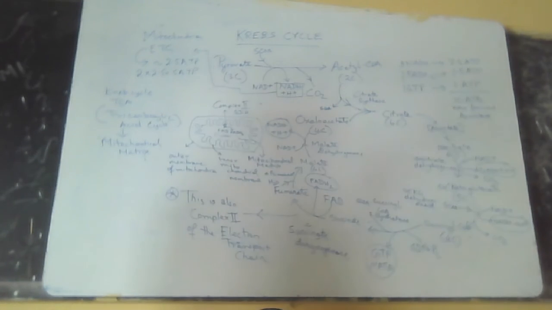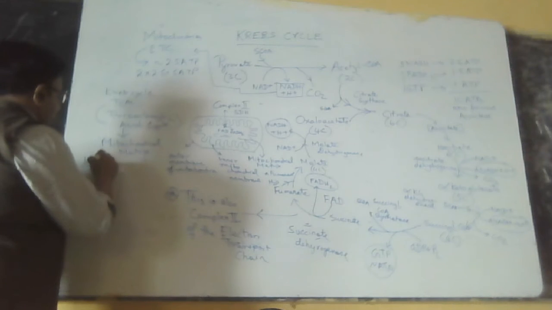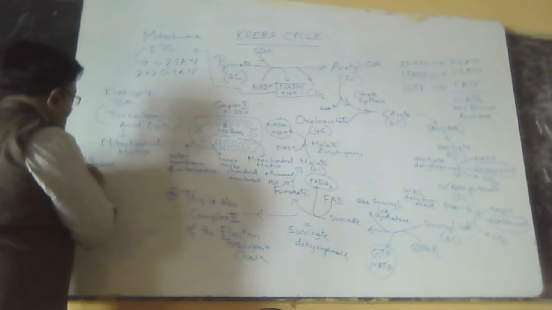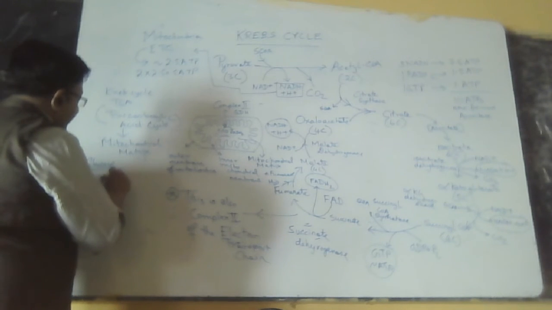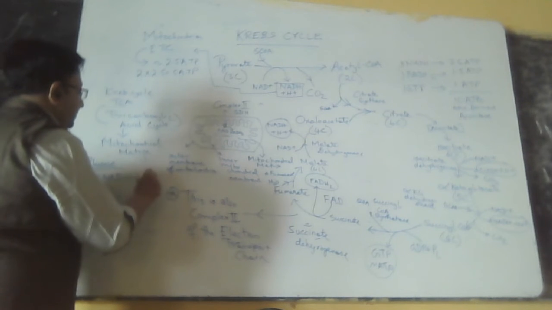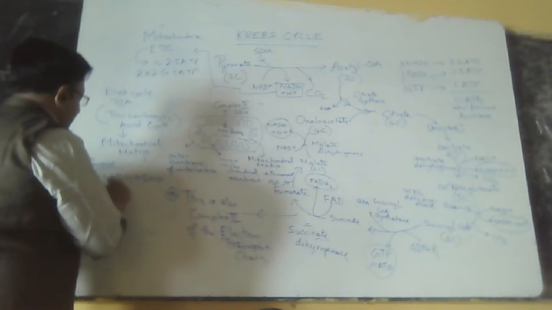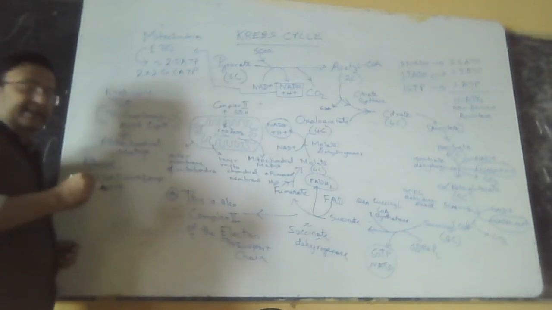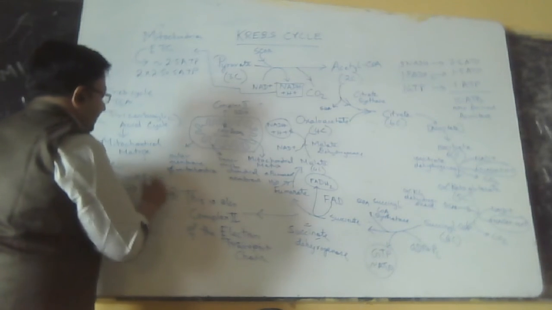Now, one glucose molecule gives rise to, in glycolysis, you have 2 NADH formed. That is 5 ATP. You have 2 ATPs also net gain, 7 ATP.